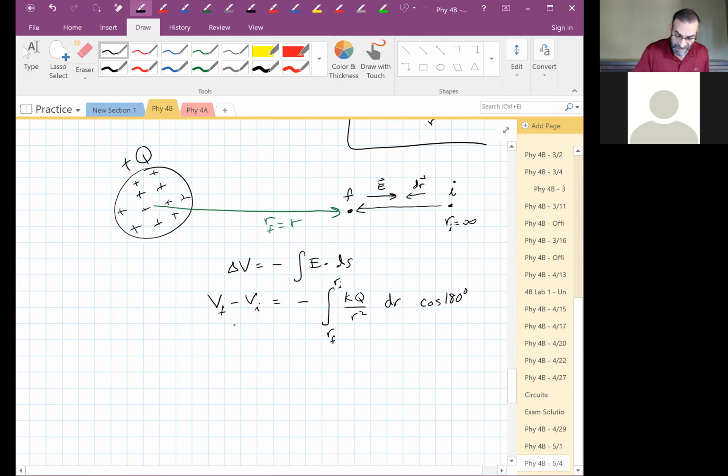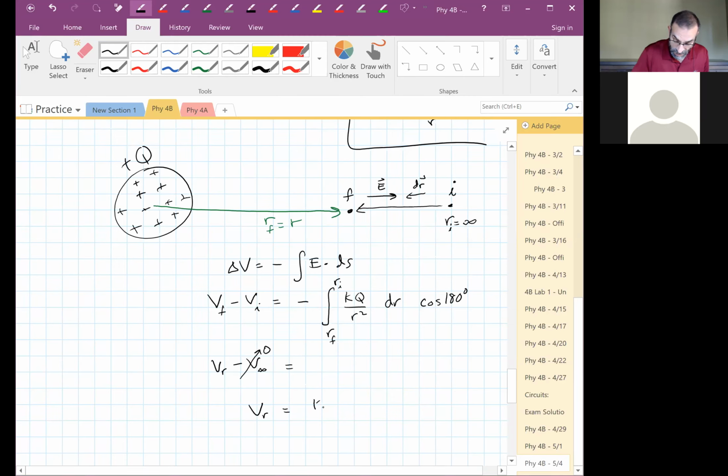That is V at any R, right? V at R minus V at infinity. That's where I started. And V at infinity is what? 0. We know it's 0 there. So then I just have V at any R is going to be, what is it going to be? A minus, and a minus is a plus.